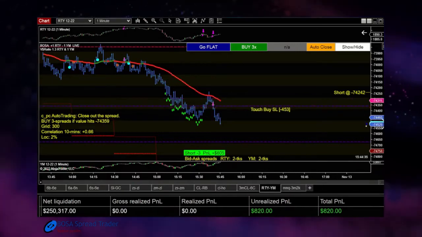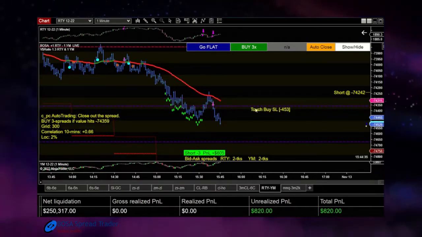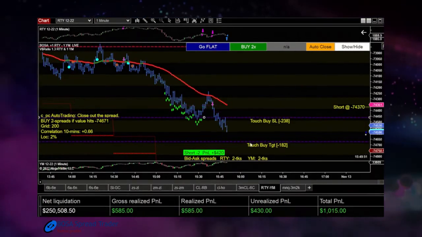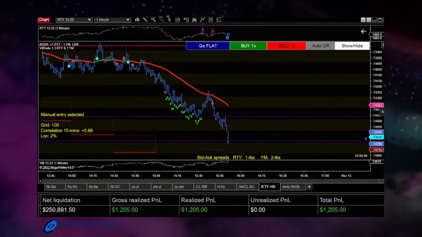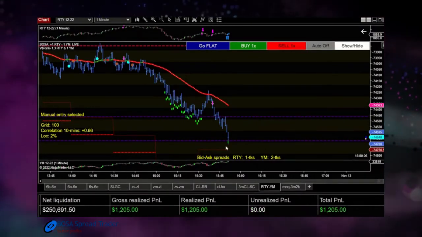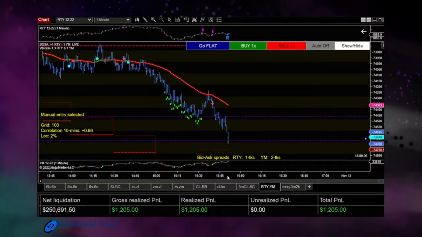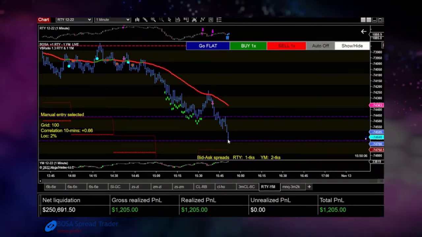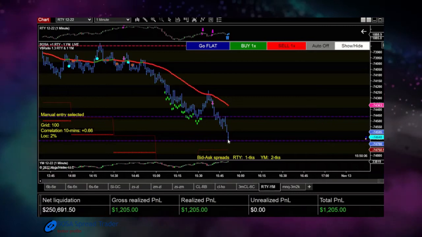And let's take a look at what we did. We kept moving south. I moved my stop loss trailing stop downward. Again, our target is down here, and lo and behold, we hit it perfectly right as the market was coming near the 4 o'clock hour, and that's when I like to get out.